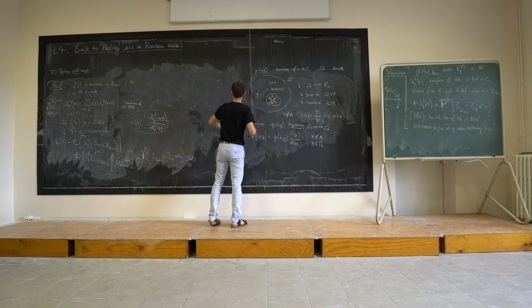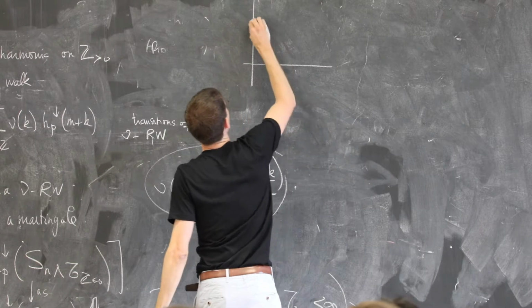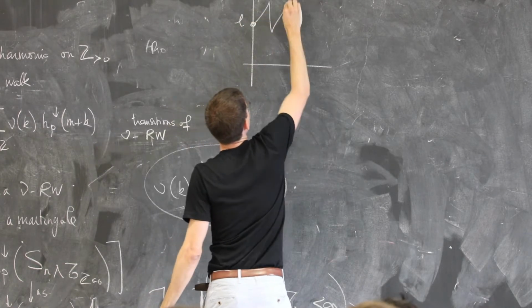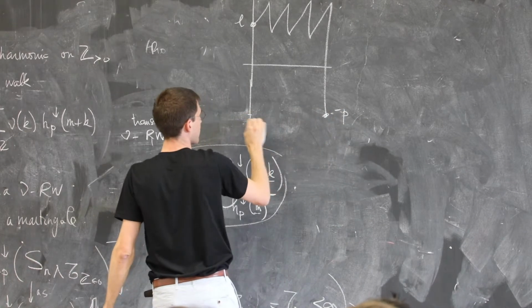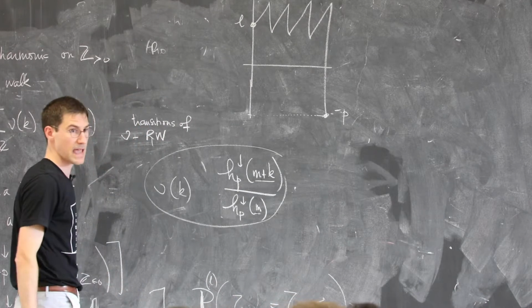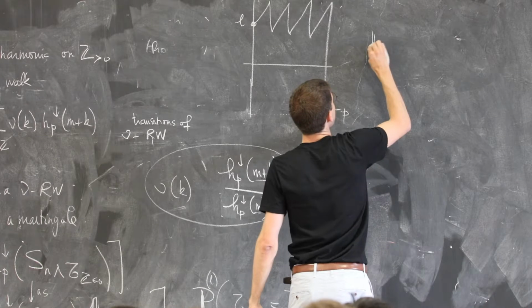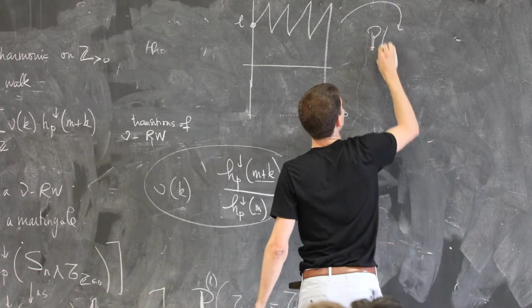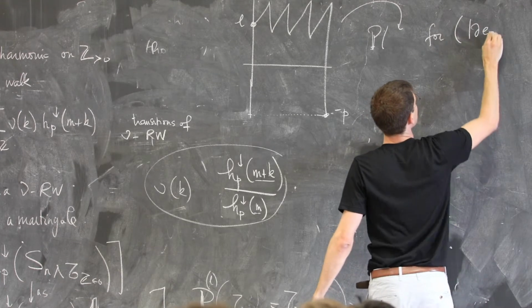So now take any path starting from L and ending at minus p, as wanted. Any path. What is the probability that we see this path for the H transform?